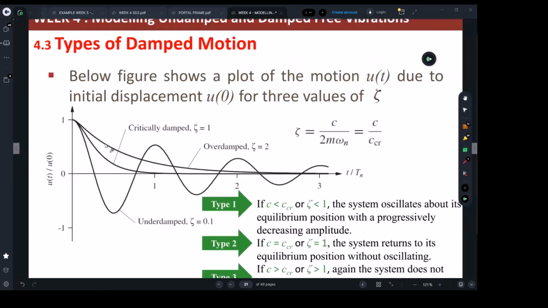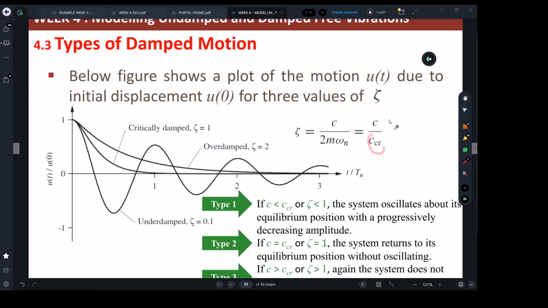The first one, let's talk about the critical damped system, when this is equal to that. So we said there is a critical damping value when the C is equal to CCR, the critical damping. That's why we call it critical damping.